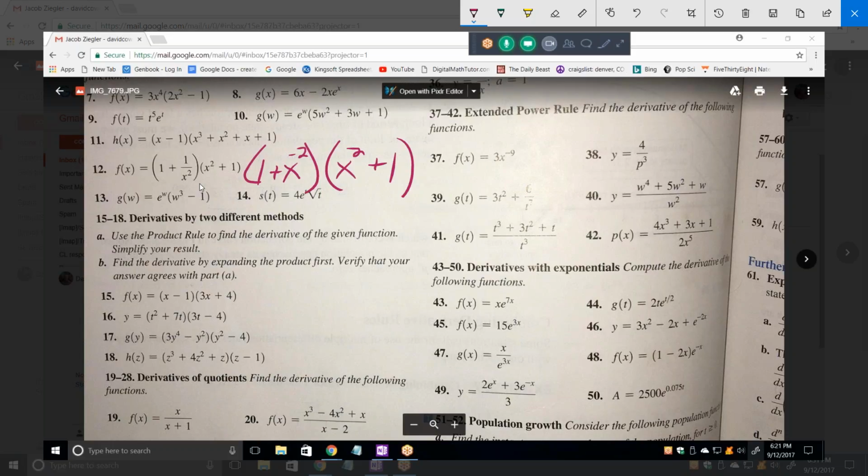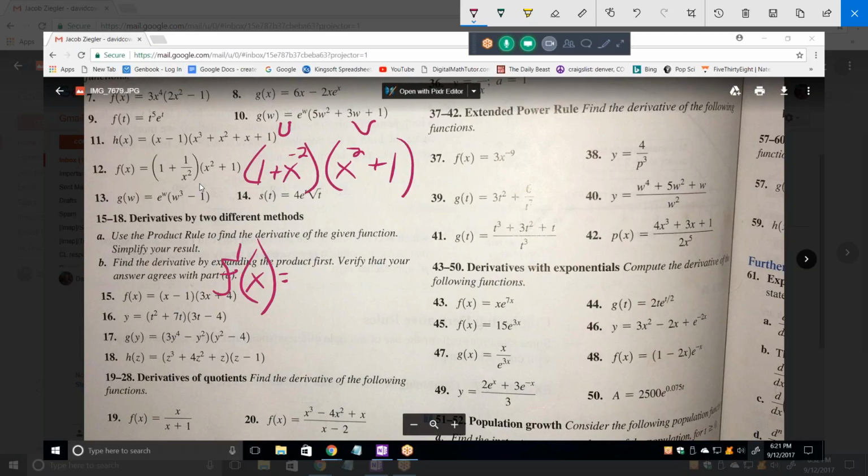Now, tell me what f prime is. Now we're going to use the product rule. This is u, this is v. Oh, okay, yeah.